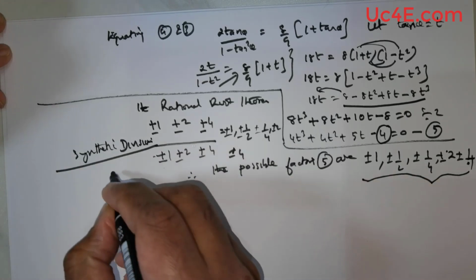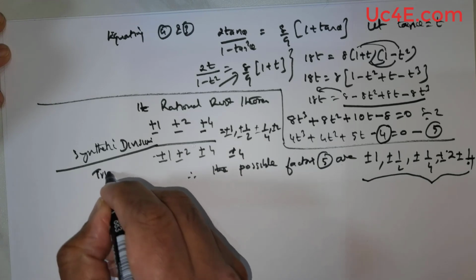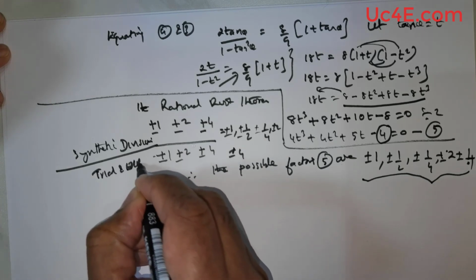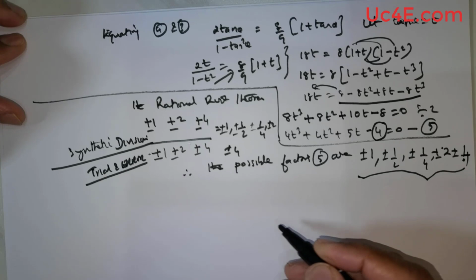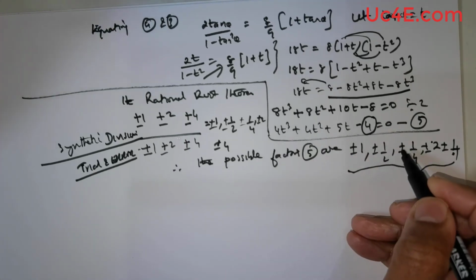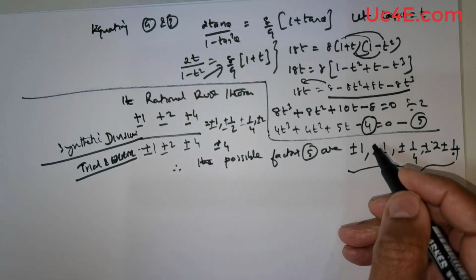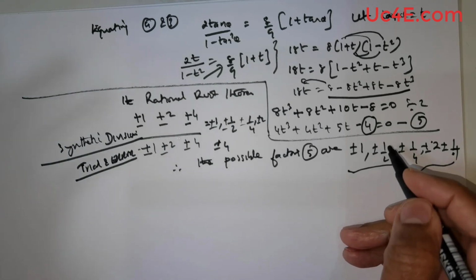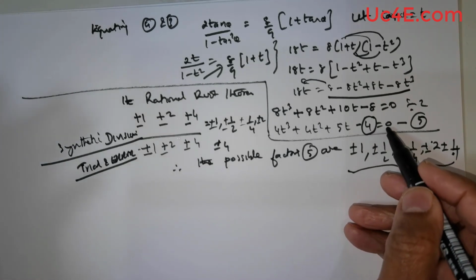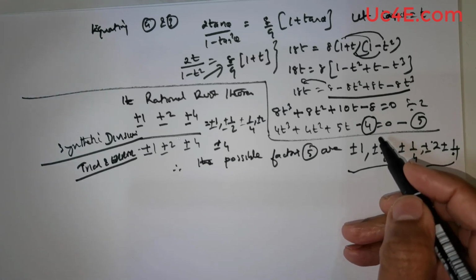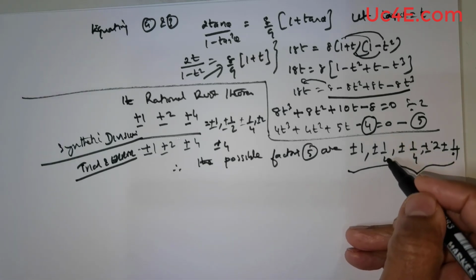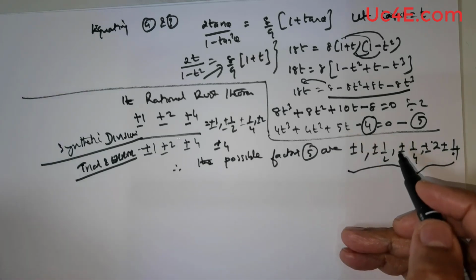So it's actually trial and error. Trial and error means you have to substitute these values and find out the factor. If it is not equal to 0, that's an error, so the value that you have chosen is not right. So go to another value, substitute it again, and find out.